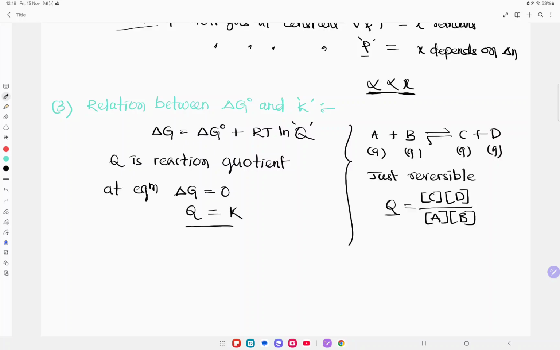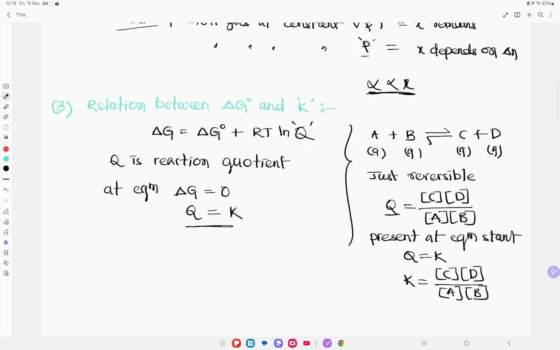If the reversible reaction is present at equilibrium state, then Q is equal to K. K is the product of molar concentrations of products by the product of molar concentrations of reactants.